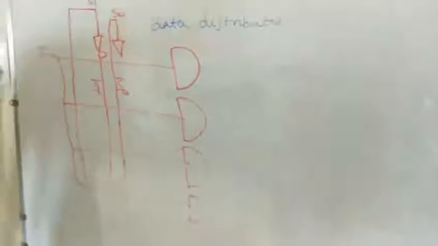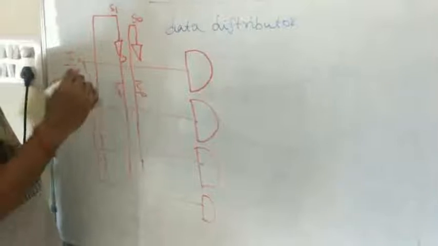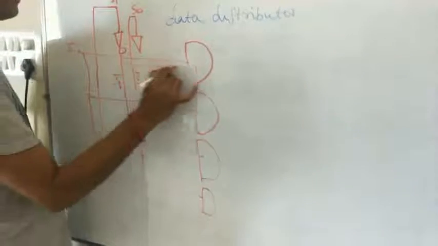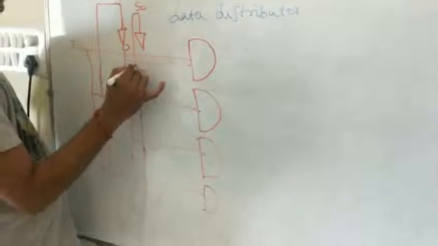As I already told you, based on the selection input, the channel will be selected. So now we are going to give S1 dash and S0 dash here. That is 0 0.